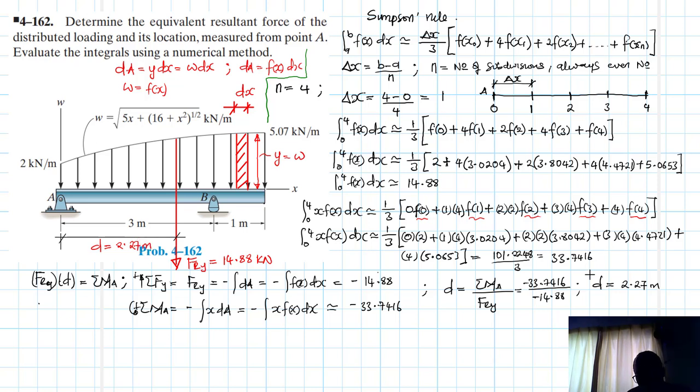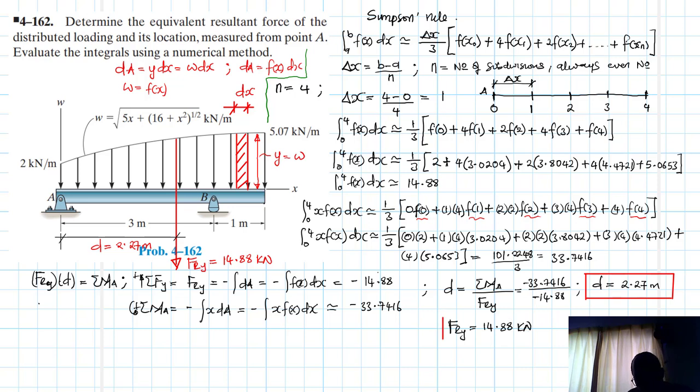Okay, so let me just outline the final solutions. So we have D there. We found our D and we found our resultant force, which is FRY equal to 14.88 kilonewtons.